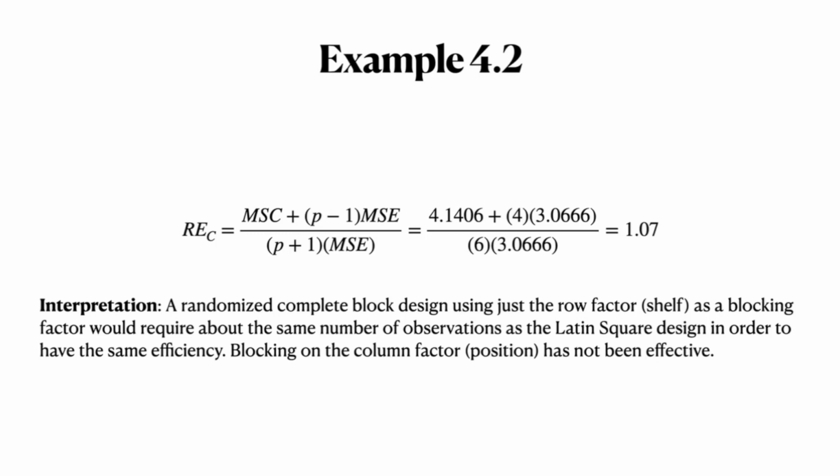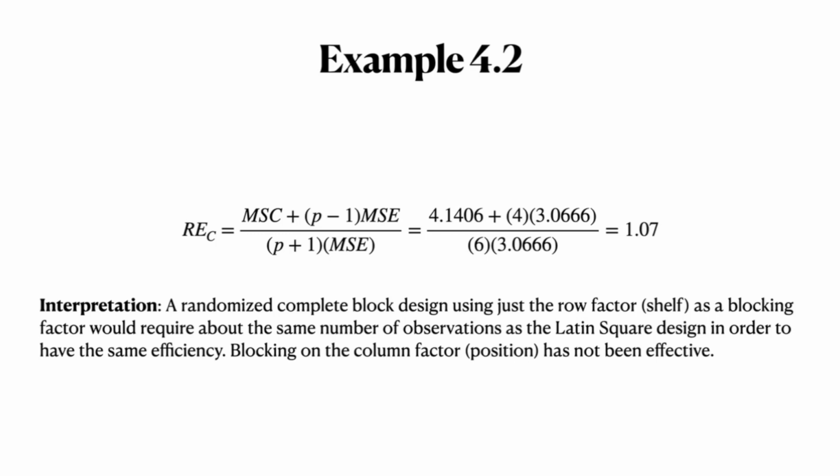The relative efficiency for that comparison is 1.07, which is very, very close to 1. The interpretation here is that a randomized complete block design using just the row factor, the shelf, as a blocking factor would require essentially the same number of observations as the Latin square design in order to have the same level of efficiency.